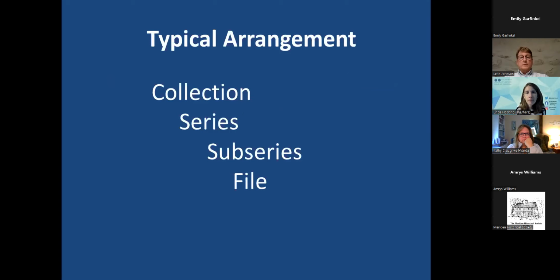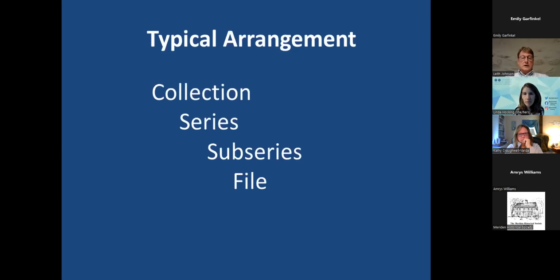Now, the typical arrangement of an archival collection is hierarchical, and it consists of, at the highest level, a collection, then followed by a series, which is a grouping of some sort, then the subseries, which is another grouping that is under the series or a component of the series at some point.